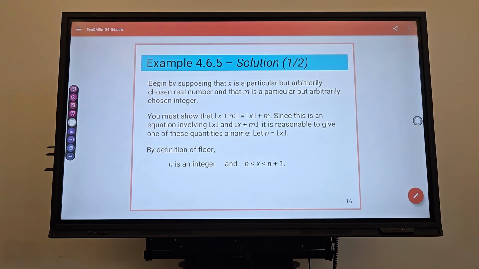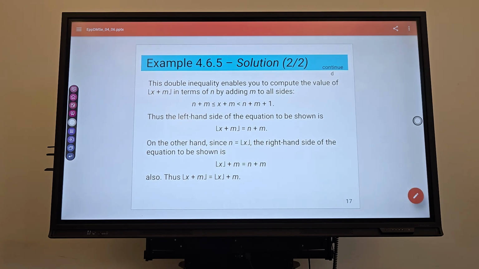By definition of floor, n is an integer, and x is between n and n plus 1. This double inequality enables you to compute the value of the floor of x plus m in terms of n, by adding m to all sides.